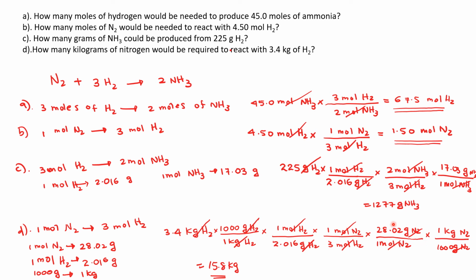For that we are going to use the molar mass, and then again we have the answer in grams, but it asks how many kilograms. Then again we have to convert the number of grams of nitrogen to kilograms. So we are going to use 1000 grams of nitrogen over 1 kilogram. So your answer is 15.8 kilograms.